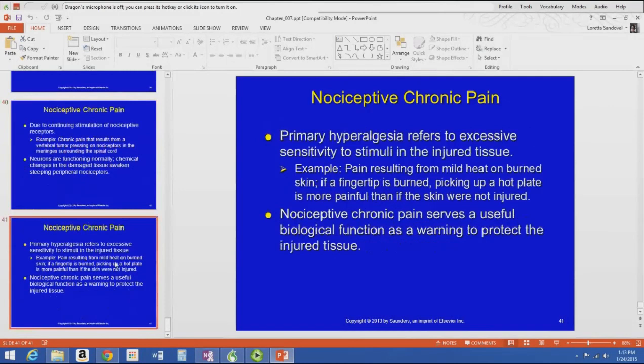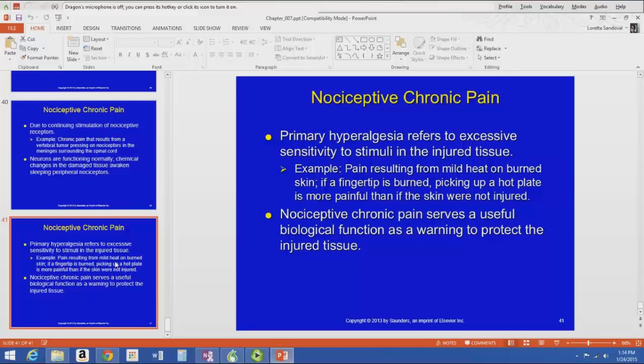Okay, we're going to talk about different descriptions of pain. Primary hyperalgesia. Algesia is based on the Greek root algia, which is pain. Hyper is higher, like hypo is lower. So primary hyperalgesia refers to excessive sensitivity to neural stimuli that are going on in the injured tissue. The example is the pain resulting from mild heat on burned skin.